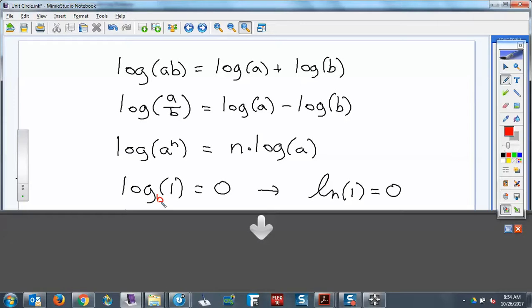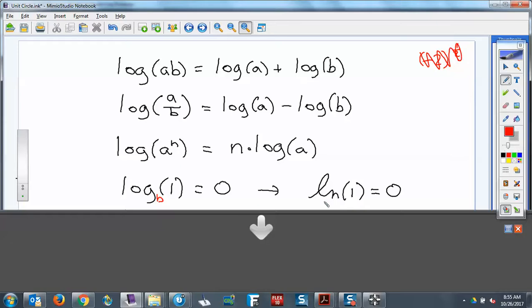The base can't be a negative number either, because again, things get weird when you have a negative base. Like if you have -2 and then you try to go to the 1/2 power, well, that's undefined, right? You can't do square root of a negative. So all of these things are defined with the base being a positive value, not 0.